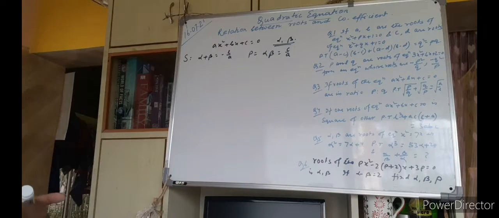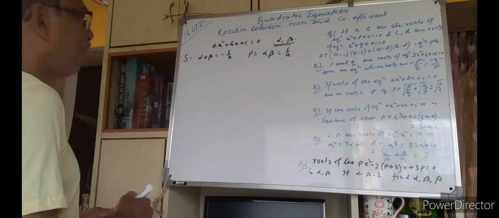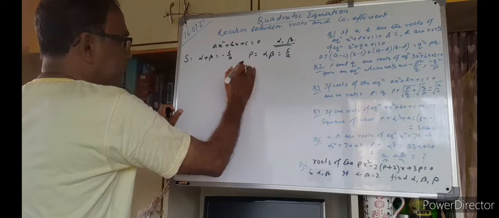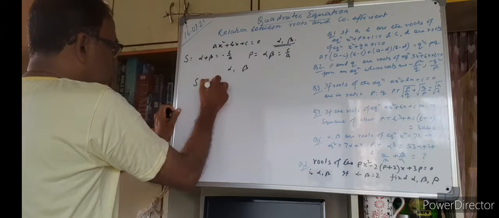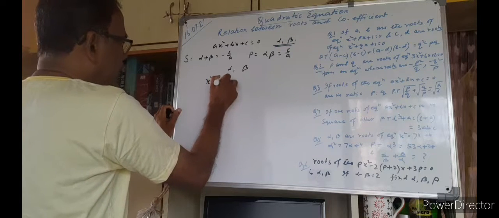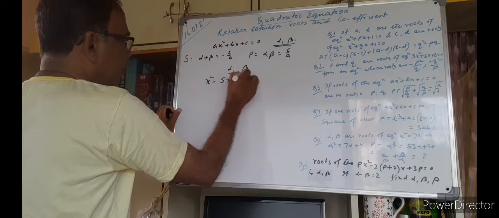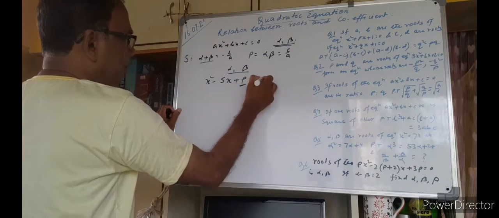Now suppose we know the solution of the equation is alpha and beta, that is, the roots of the equation. Then we can find the equation: x squared minus sx plus p, where the sum of the roots is alpha plus beta and the product is alpha beta.